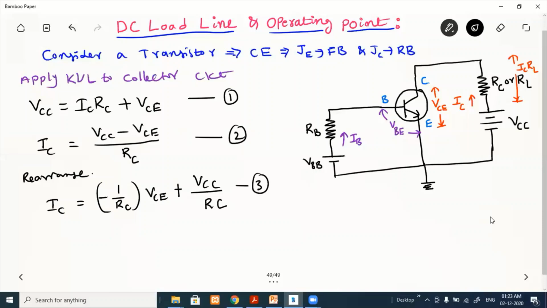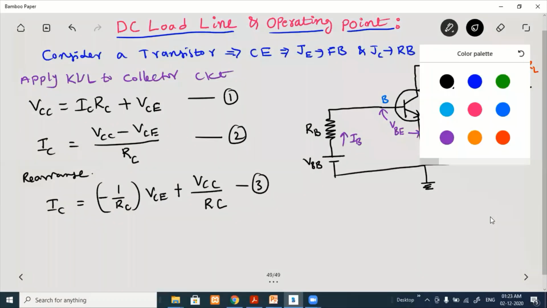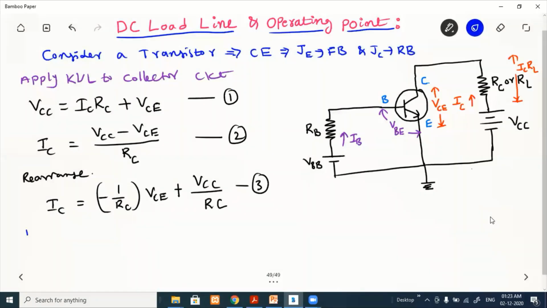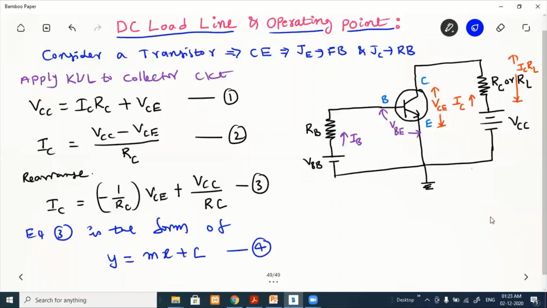Now our equation 3 is in the form of y equal to mx plus c. So I am calling it equation 4, y equal to mx plus c.